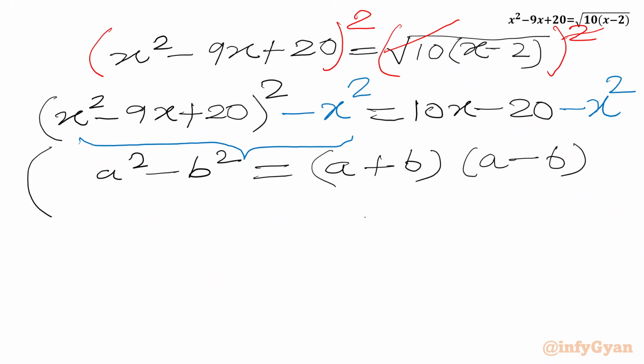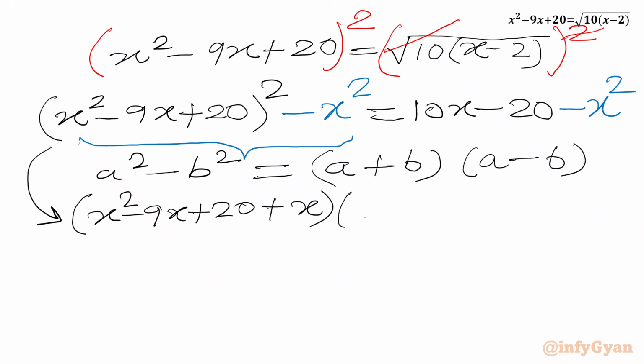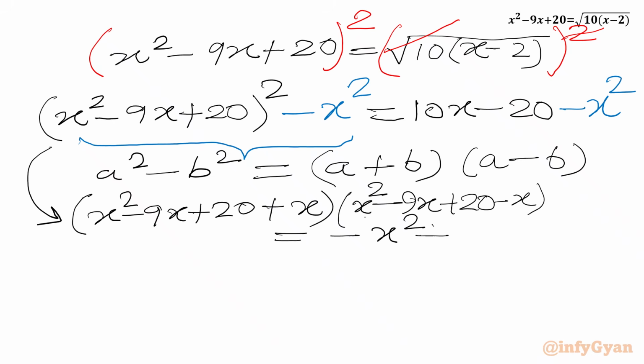Let's apply here. We will get x squared minus 9x plus 20 plus x in one bracket, times x squared minus 9x plus 20 minus x in the other bracket, and in the RHS we'll write minus x squared plus 10x minus 20.